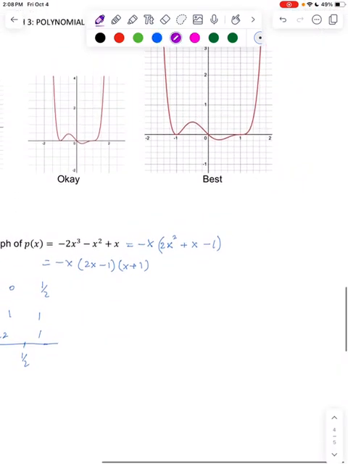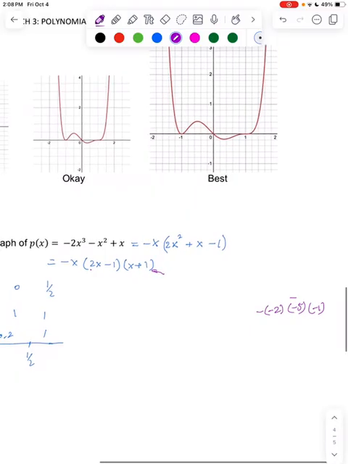So I'm going to plug in here. I have a negative, so -2 times, and I plug in -2 in here, I get -5, and then -1. So multiplying this out, you see I get +10 because there are 4 negative signs. So I'm getting the value +10 at -2.